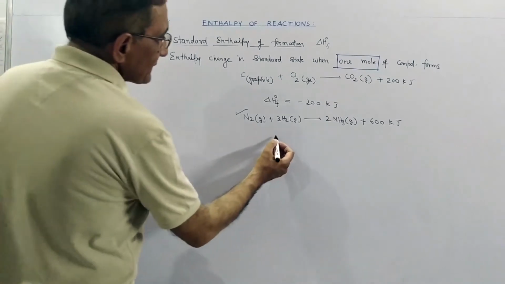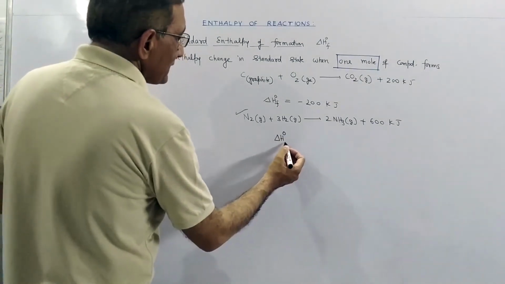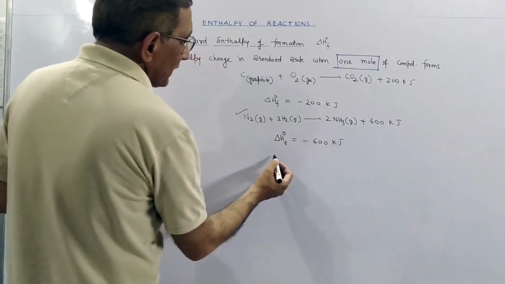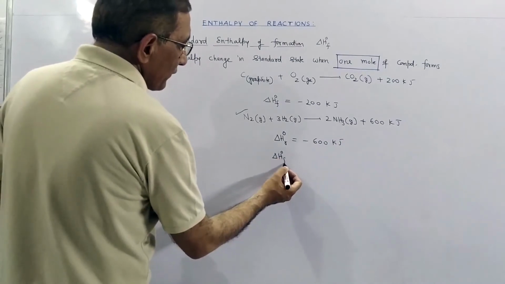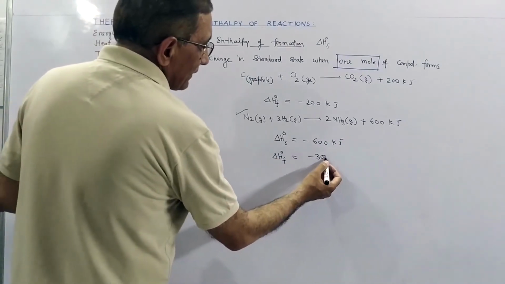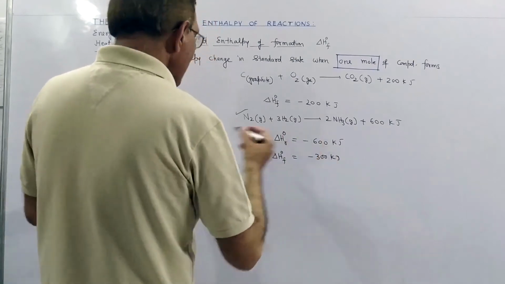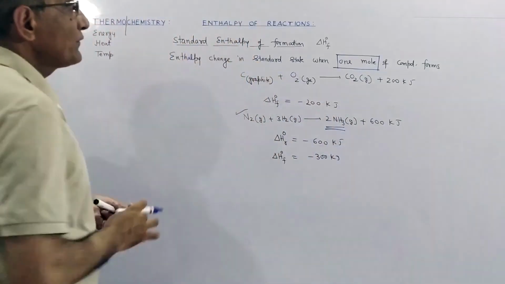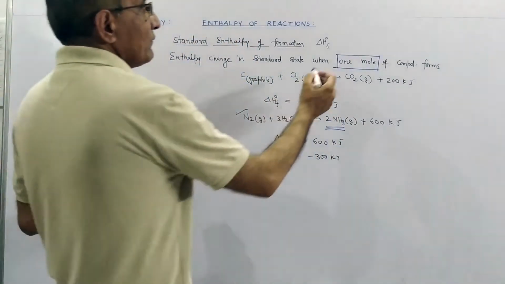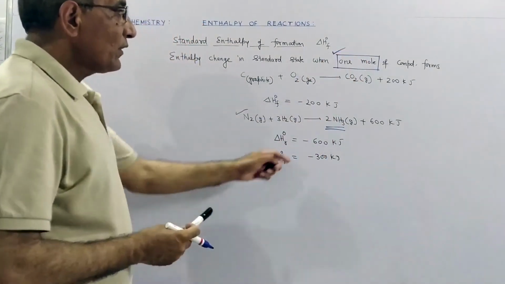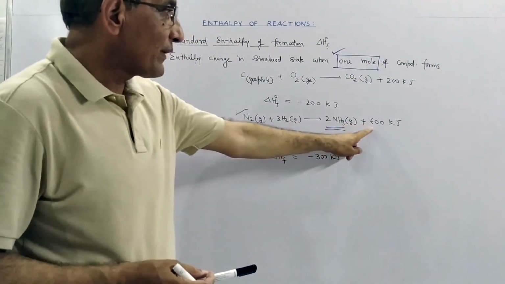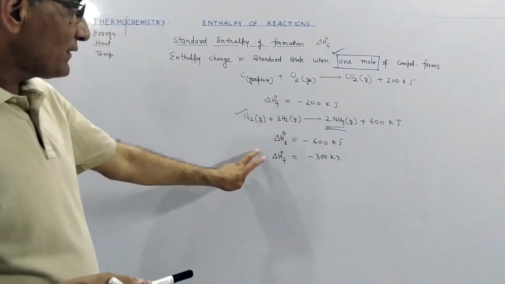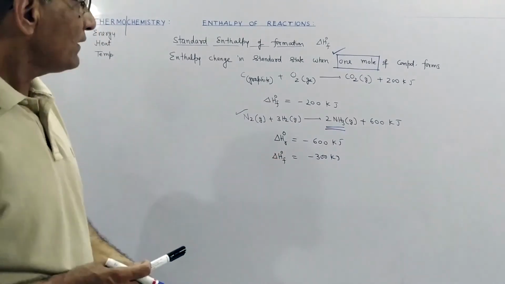Now in this case, students, the standard enthalpy change of reaction will be minus 600 kilojoule, but the standard enthalpy of formation will be minus 300 kilojoule, because in this reaction 2 mole of ammonia is forming, and standard enthalpy of formation is always defined for 1 mole. So if there are 2 mole, then whatever heat is released, you divide by 2. If there are 4 mole, you divide by 4. So here the standard enthalpy of formation is minus 300 kilojoule.